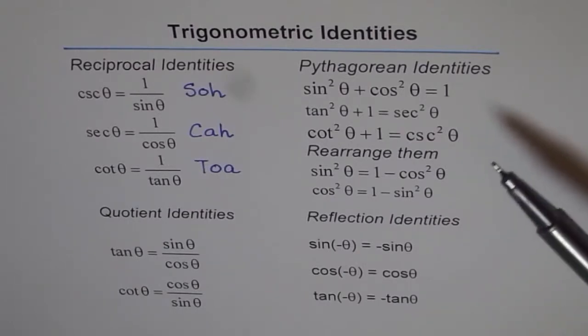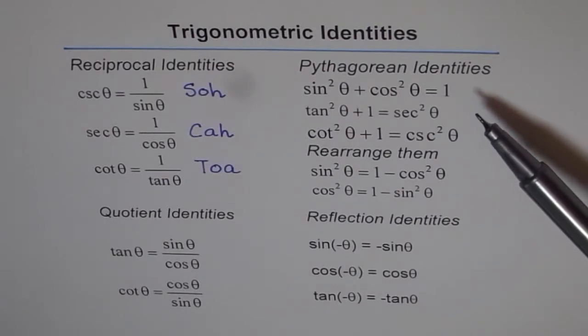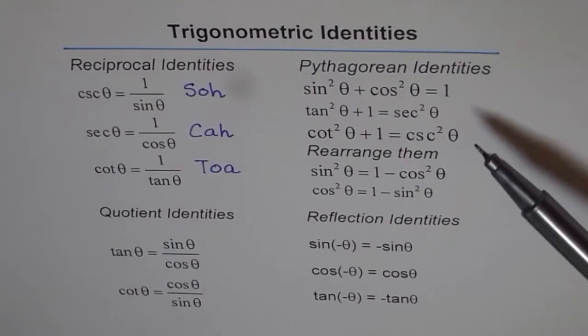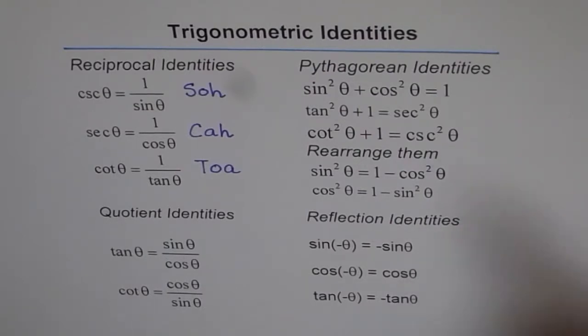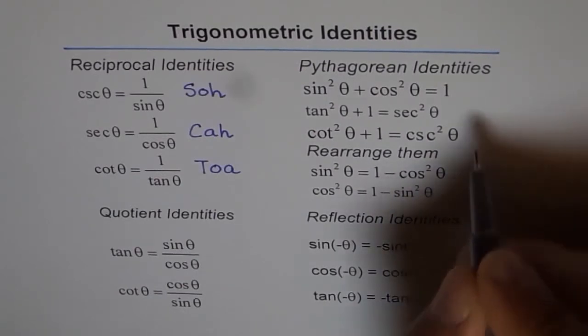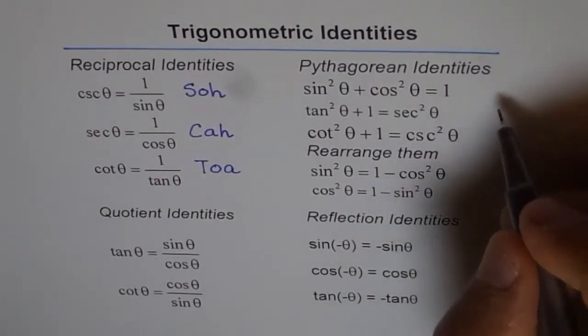Now the second set of identities here is Pythagorean identities. I will prove these identities using a right triangle, and that gives them the name. So the way you prove it is, in a right triangle. Let me first draw a triangle for you and then explain the thing, right?